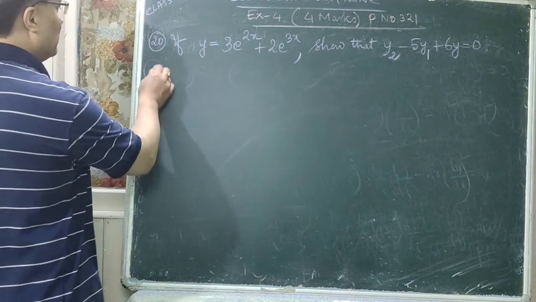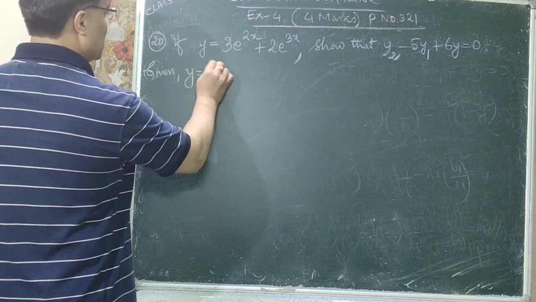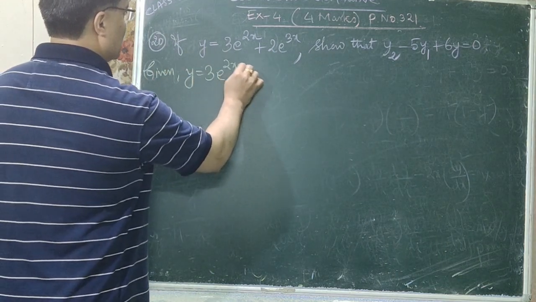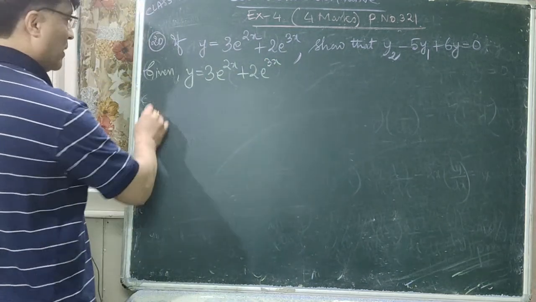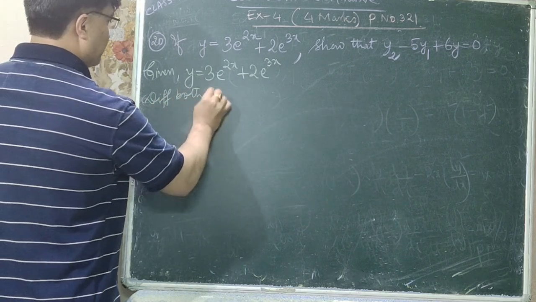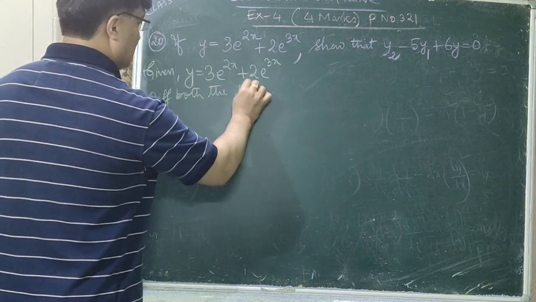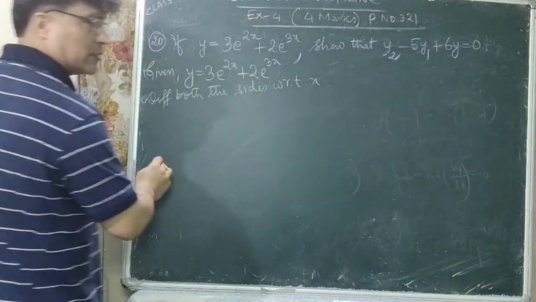Okay, so here given is y is equal to 3 e to the power 2x plus 2 e to the power 3x, right? So differentiating both the sides with respect to x.